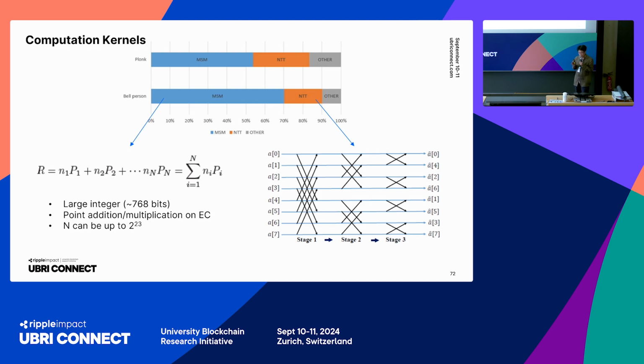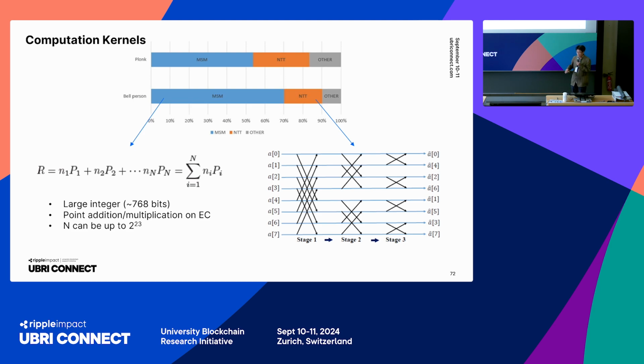Here, MSM stands for multi-scalar multiplication. From our profile, you can see that most of the execution time is attributed to MSM, up to 70%. The second largest computation kernel is NTT or FFT, which corresponds to about 20%.